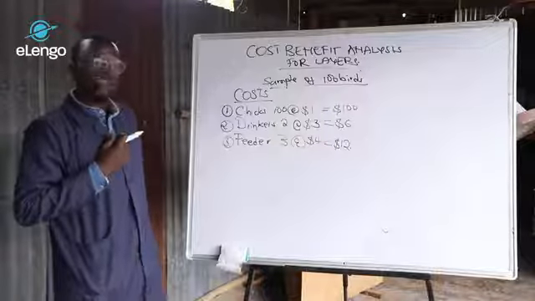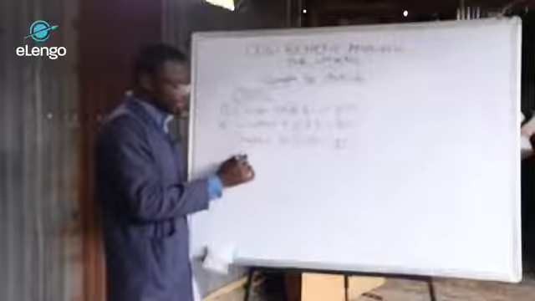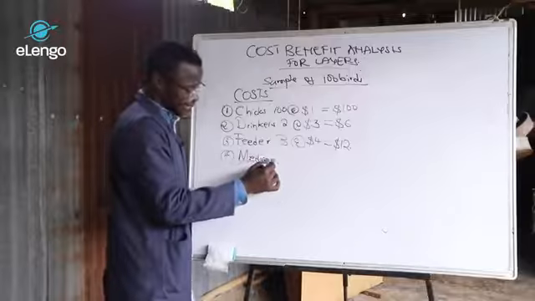Now, what then do you need? You need feed. And before you get to feed, you need medication. So item number 4 shall be medication or medicants.